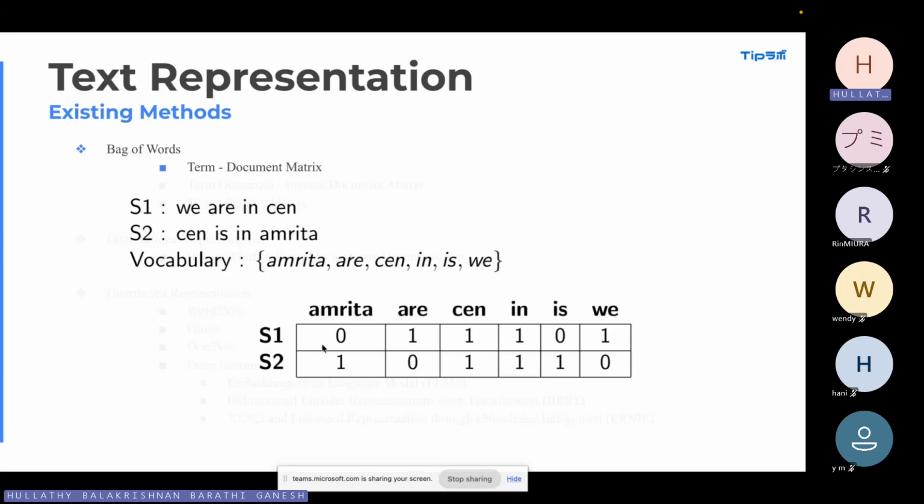And then what we are doing is counting how many times that specific term, that is a word, appeared in a specific sentence. And when we fill it out, the term document matrix is formulated.